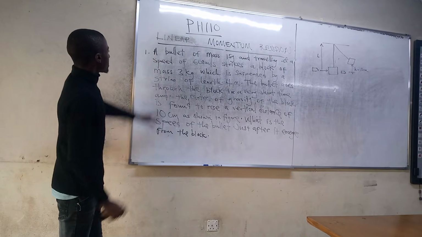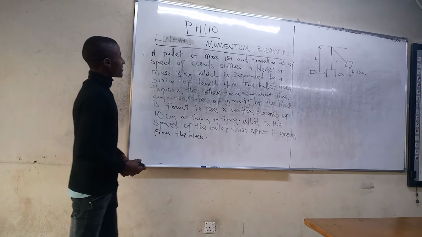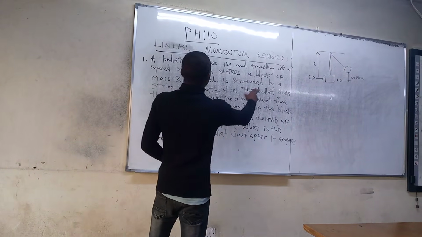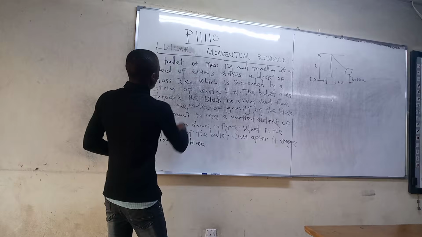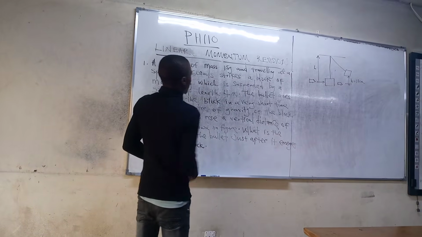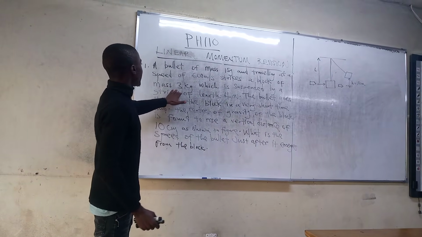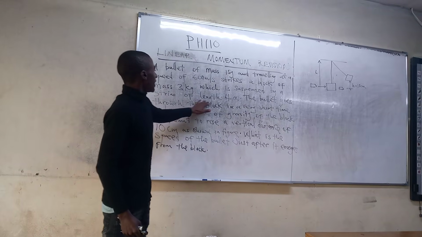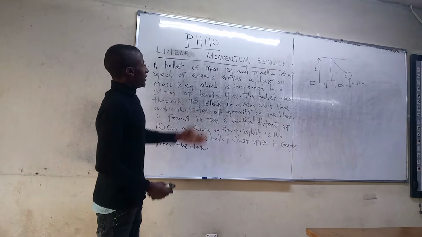The question reads: a bullet of mass 15 grams, traveling at a speed of 600 m/s, strikes a block of 3 kg, which is suspended by a string of length 4 meters.